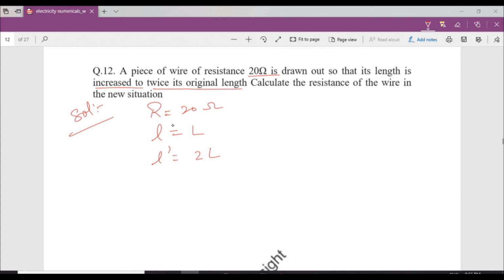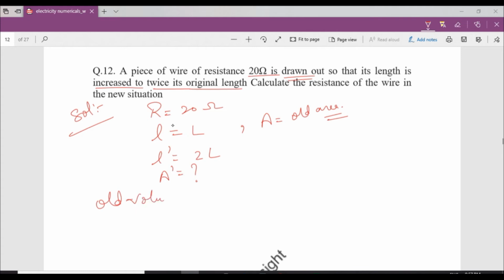We are going to find the resistance of the wire in the new situation. Okay, so we are using the complete material as it is drawn out. Maybe it has been melted or maybe it has been stretched. So the new area we don't know, and the old area we consider as capital A.